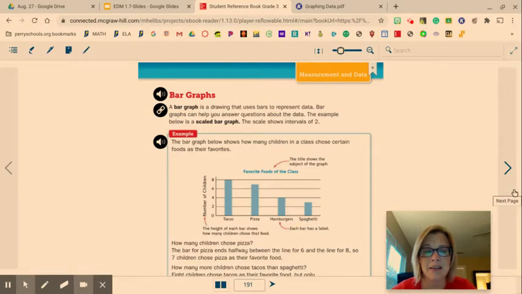The example bar graph in the picture is called a scaled bar graph. The scale tells you how much each line is counting by.